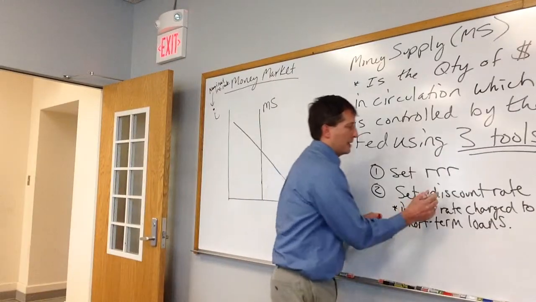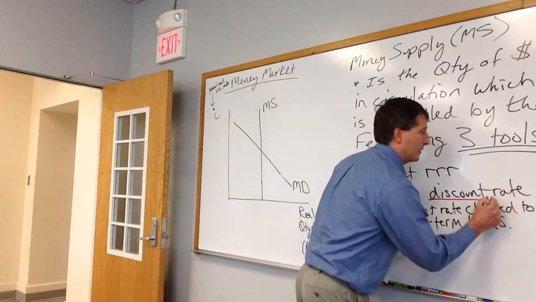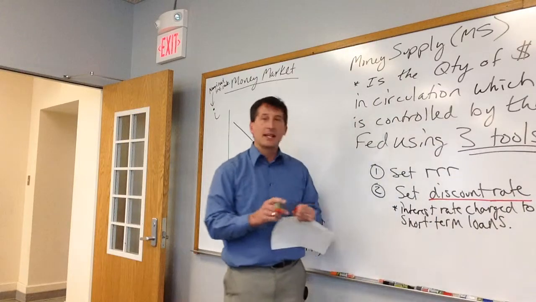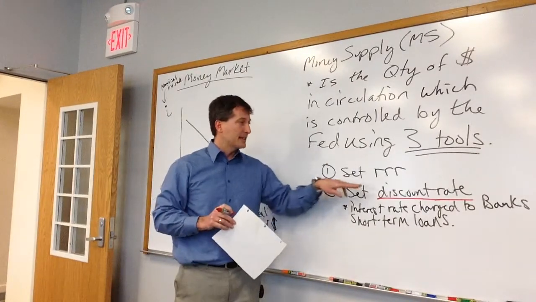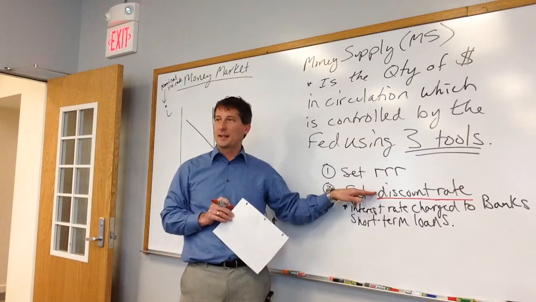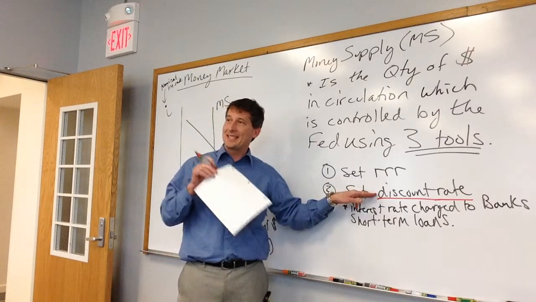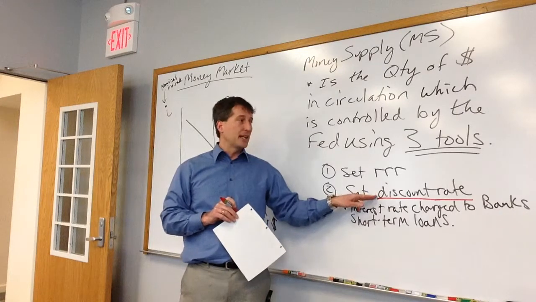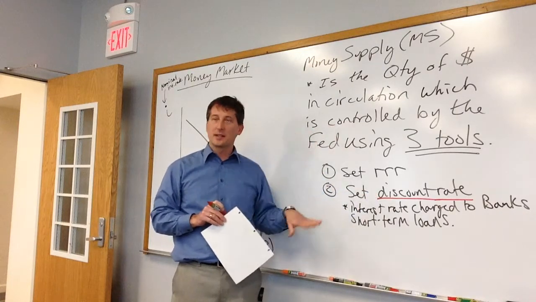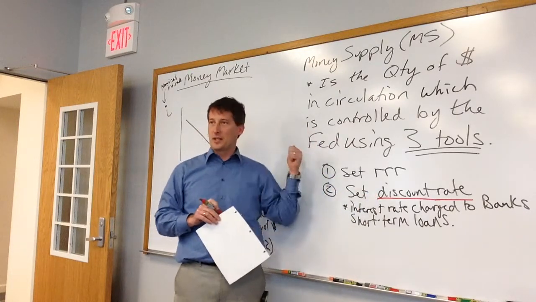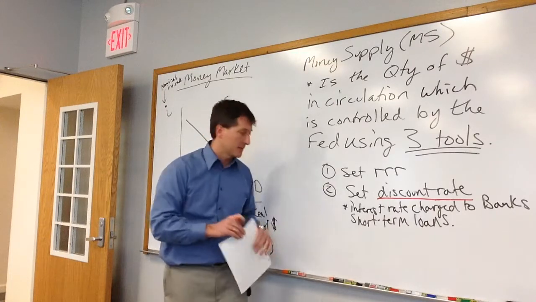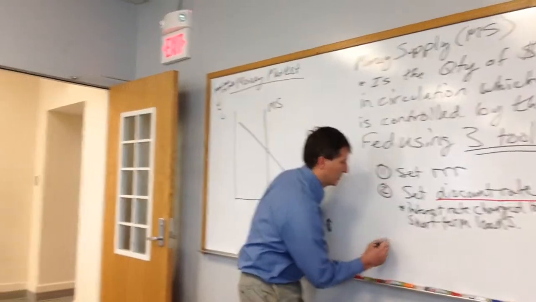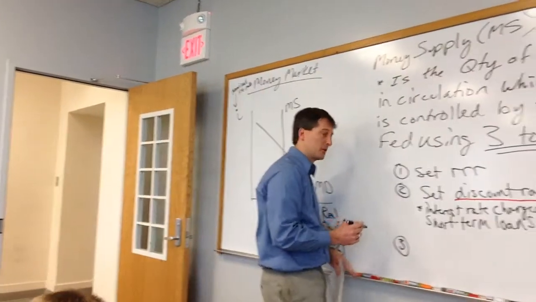So a lot of times the media talks about the Fed moving to change interest rates. This is the only interest rate that they control, that they actually set. They do influence interest rates by getting involved in the marketplace through the purchase and sale of bonds, which is tool number 3, which is the most important one.